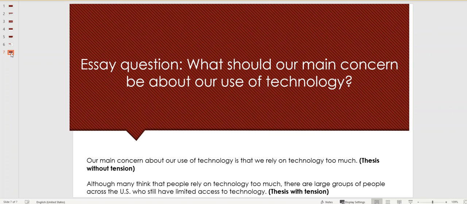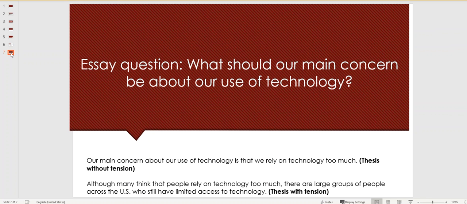So if you look at the second one though, there's added tension because there's more specific details that are added to the idea. And actually I move away from the idea that we rely on technology too much and talk about kind of a different topic that's related to technology. So I say, although many think that people rely on technology too much, there are large groups of people across the U.S. who still have limited access to technology.